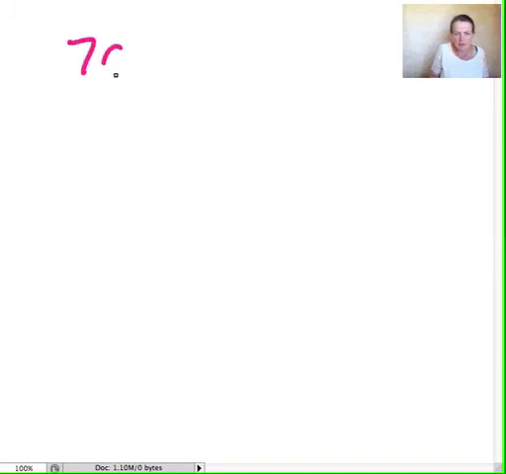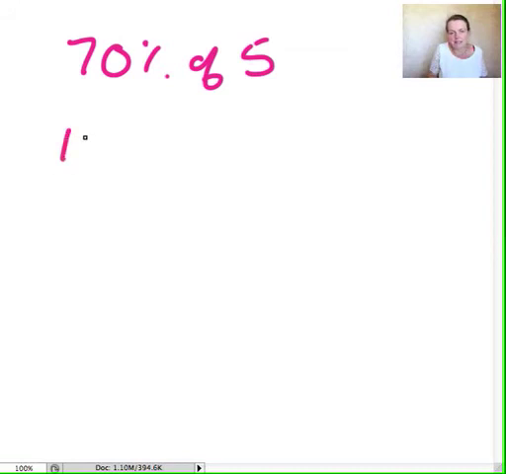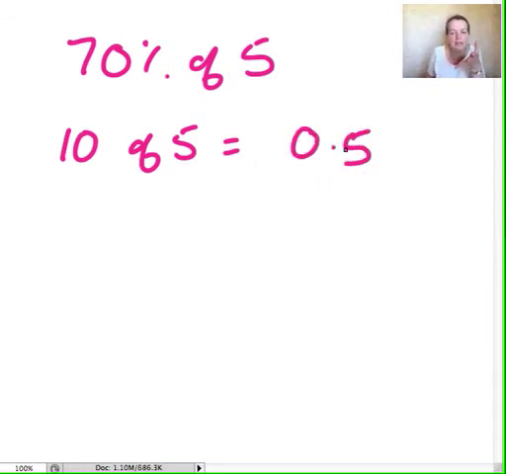70% of 5. 10% of 5 equals, bounce it there, 0.5. And if you think of it as 50p's, how many 50p's are there in £5? So it's 2, 4, 6, 8, 10. And therefore, that's our 10th.